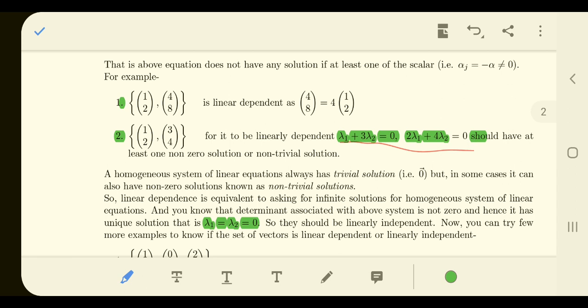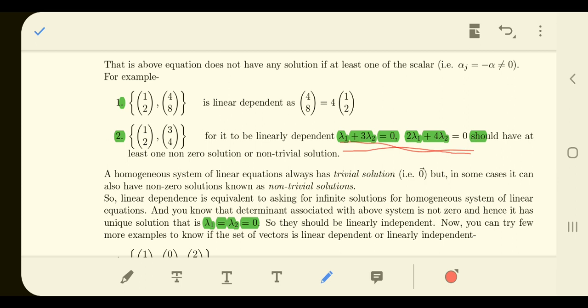And if it has a non-trivial solution, then we say that the set of vectors is linearly dependent. So essentially we are looking for a non-trivial solution. If it satisfies these two equations, then we say that they are linearly dependent. But if it has only the trivial solution, then we say that it is linearly independent.